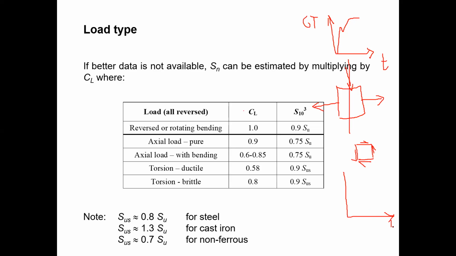With time you need to consider shear stress. With this one, the shape will be changed. If you remember, I told you, the shape does not remain the same; it will be destroyed. So the shear force has a different ultimate strength. This ultimate strength and this ultimate strength are different. This is called SU. This is called SUS, the ultimate shear strength.